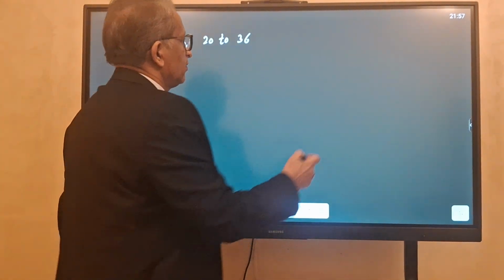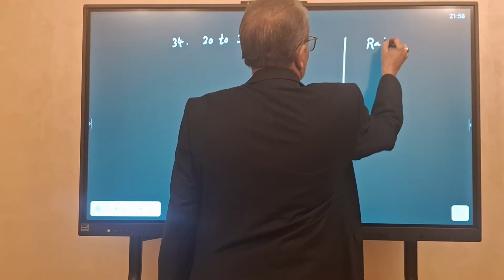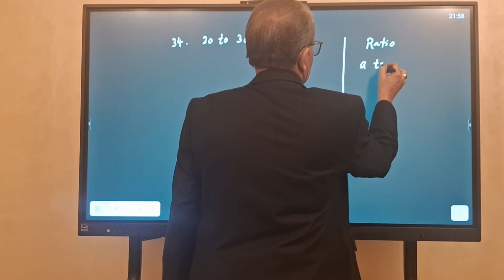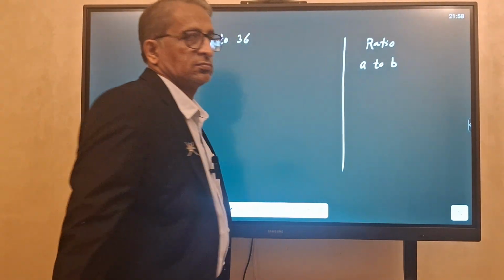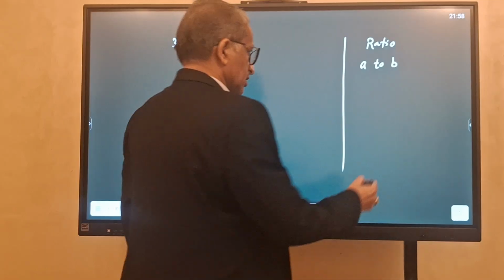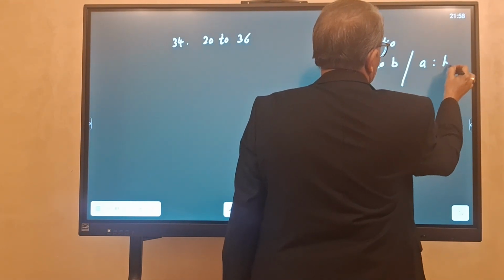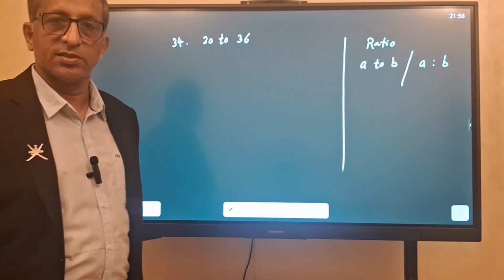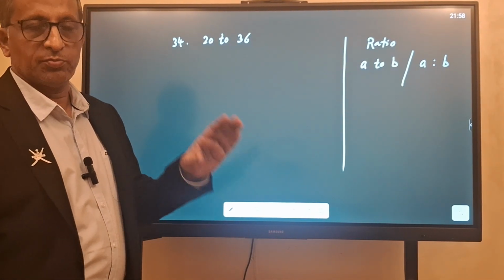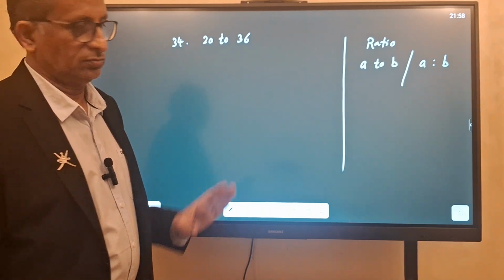Before that, I will tell you what a ratio is. Ratio means we write like this, A to B. Sometimes we also write A colon B. This is also the same. So A to B, A colon B is how you write a ratio.